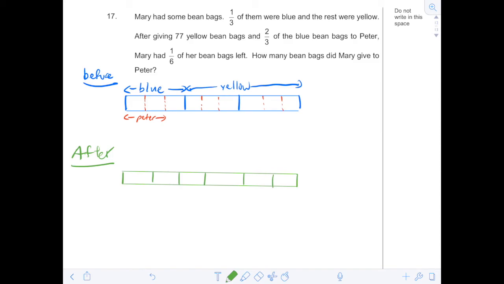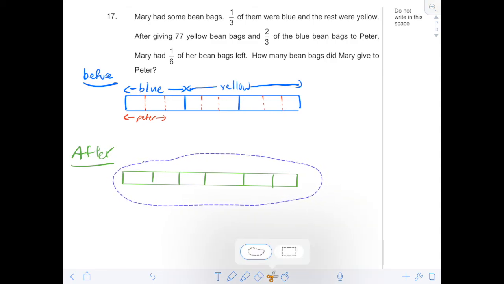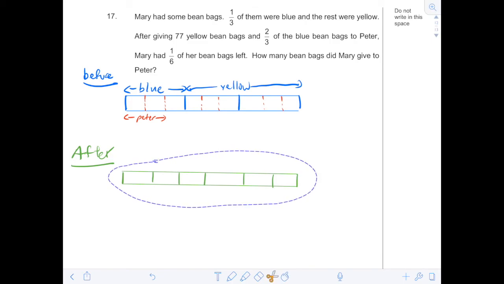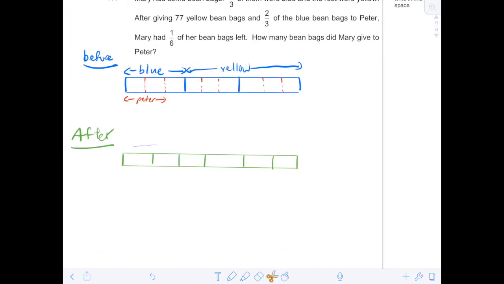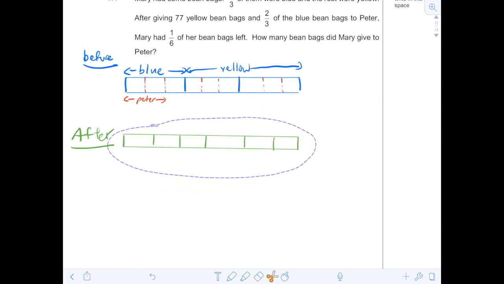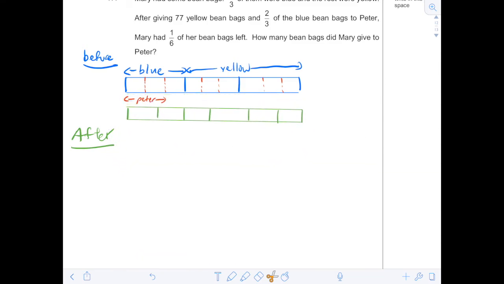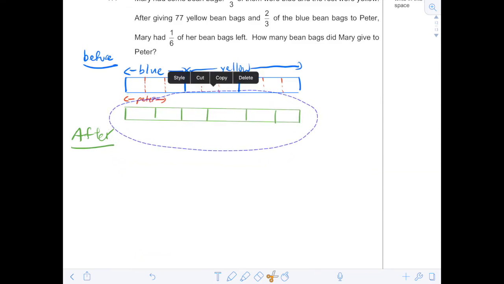Now if you're going to take this and move it up here, you see that what happens is you can split accordingly along the green lines.